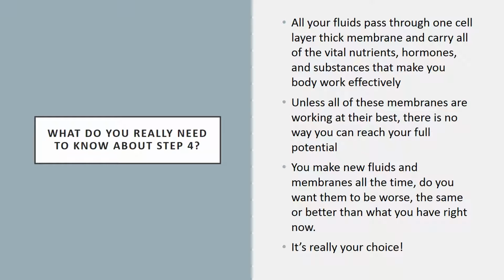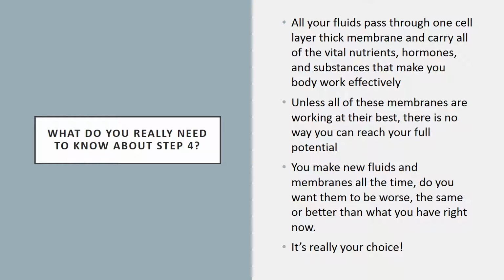So now that you know more than you ever thought you would about strengthening your blood and circulation, what do you really need to know about step 4? All of your fluids pass through a 1-cell layer thick membrane that carries all of the vital nutrients, oxygen, hormones, and substances to your glands, organs, and tissues, and takes it away from your glands, organs, and tissues, and this makes your body work effectively.